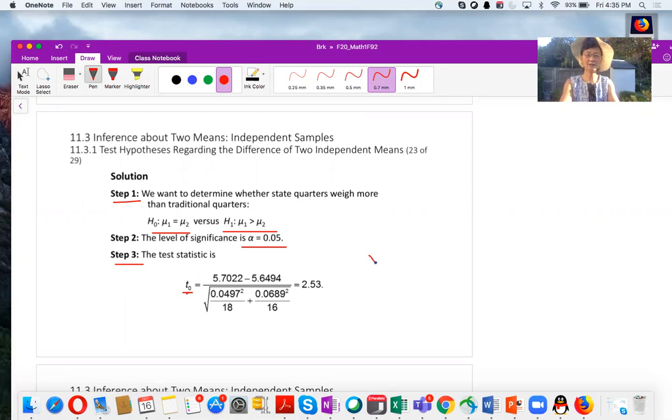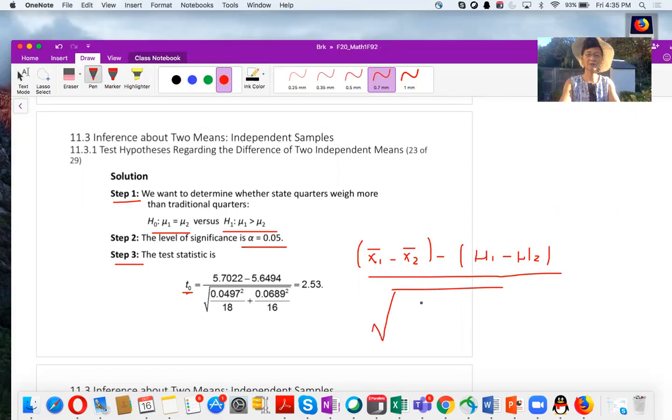Remember the test statistic is sample 1 mean minus sample 2 mean, then minus population 1 mean minus population 2 mean, and divide by the square root of sample 1 variance over sample 1 size plus sample 2 variance over sample 2 size.